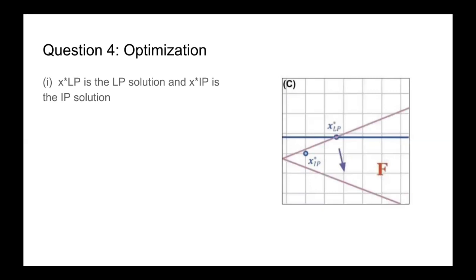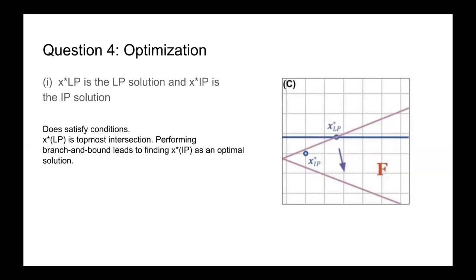Okay, so this is graph C. We're given that the LP solution here is at the top of the intersection of these 2 constraints. The feasible region is given in the boundaries of these 3 constraints, and the cost vector is pointing downwards. In terms of whether this is a valid solution, we see that it does satisfy the conditions for the definition of LP solutions and IP solutions.